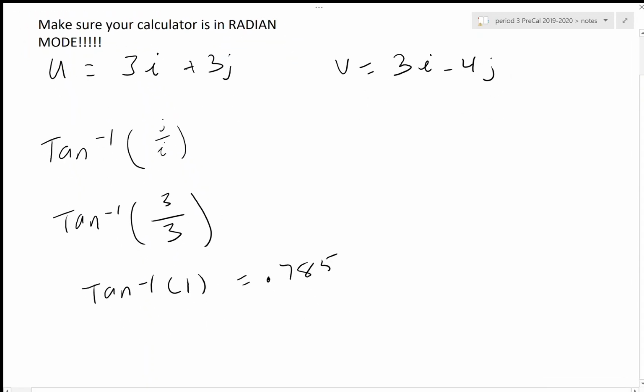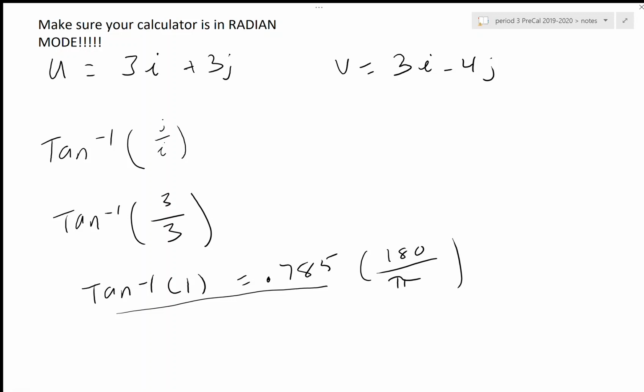Now, it says find the angle. This is not an angle. So now the last step is just to multiply by 180, then divide by pi. On my calculator it says 0.785398164, all you need to do is put times 180 divided by pi.